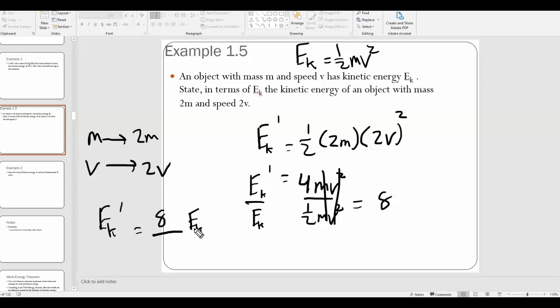Doubling the mass is going to double the kinetic energy, and doubling the speed is going to quadruple the kinetic energy. When you combine doubling and quadrupling, you get multiplied by 8. That is the answer to example 1.5. Pause it there if you need to look at that some more. Let's just do one more quick example with kinetic energy.